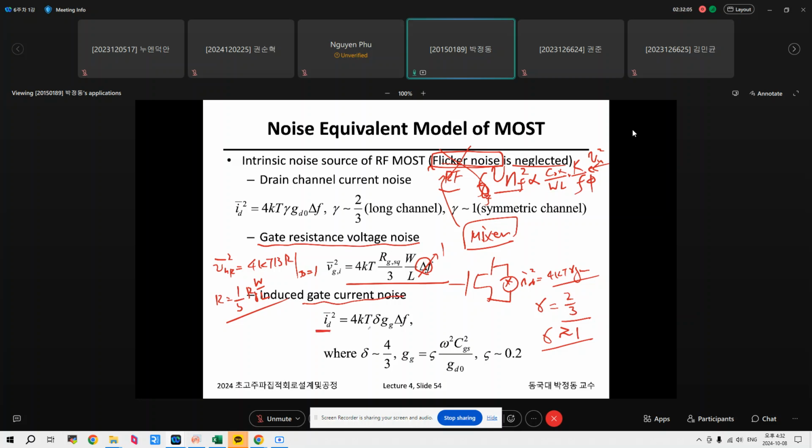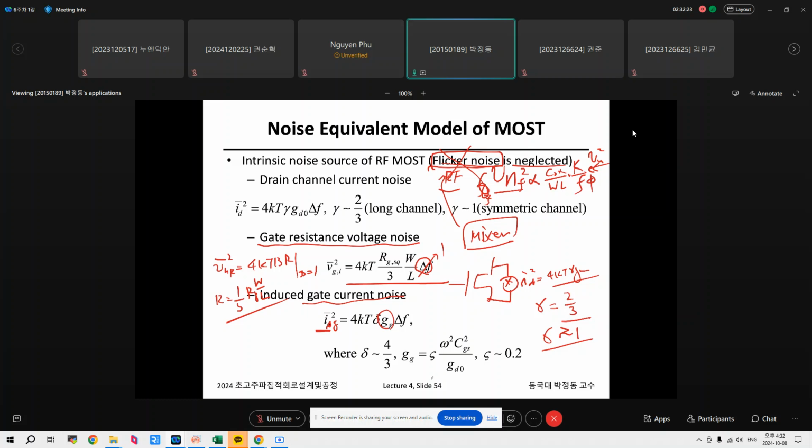Also the induced gate current noise is like this.